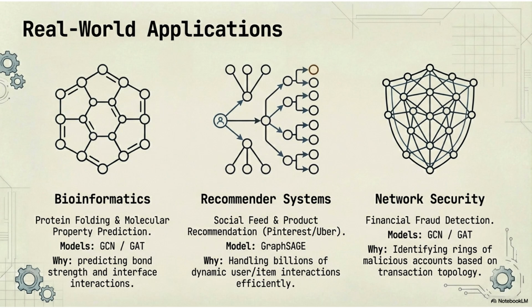Why? Recommendation systems handle billions of dynamic user-item interactions efficiently. Here we are showing network security. In network security, financial fraud detection identifies rings of malicious accounts based on transaction topologies.